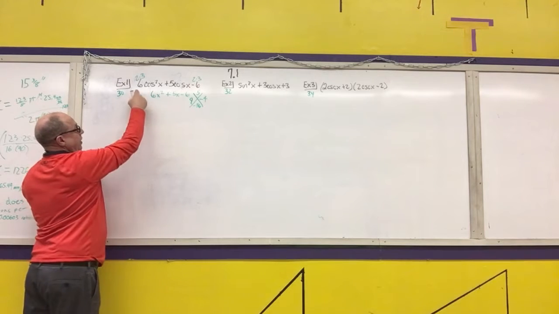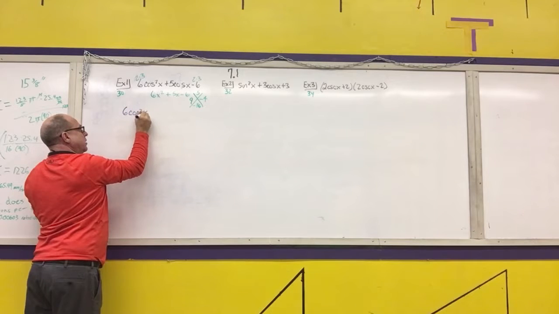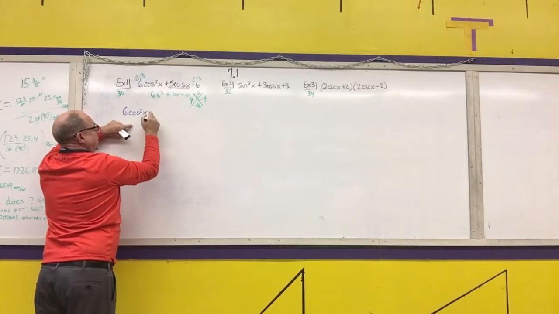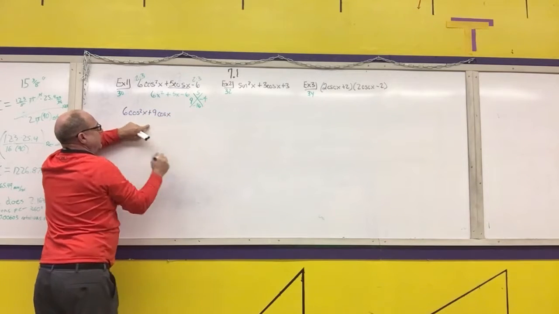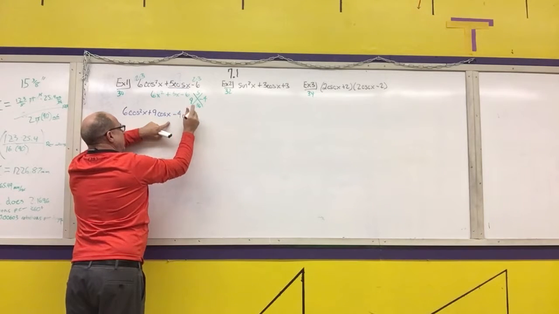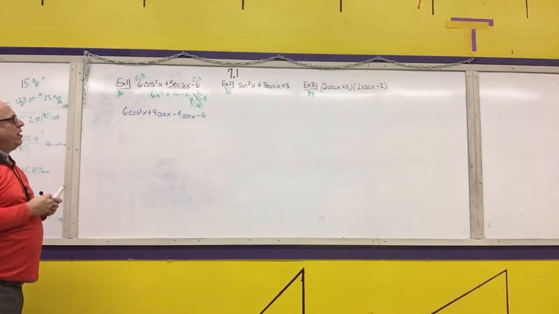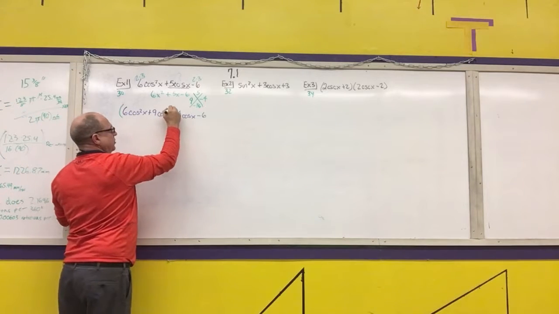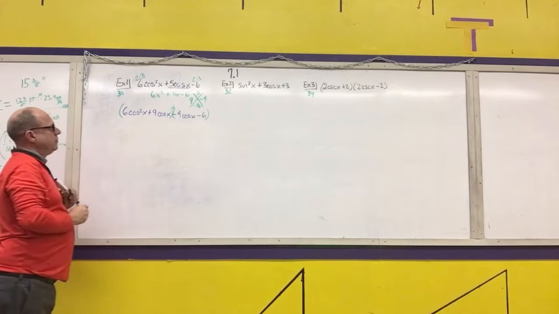So factoring by grouping, I copy the first term. I'm going to split this term up into 2 parts. I'm going to put a plus 9 cosine x minus 4 cosine x. And then I copy the last part. And now we're like one of our previous examples, where I put parentheses around the first 2, parentheses around the last 2, plus sign in between the 2.